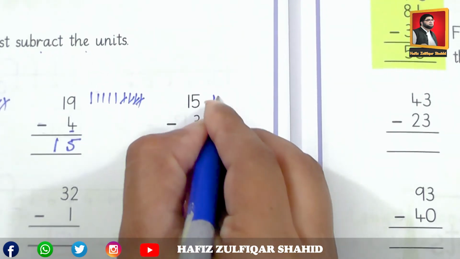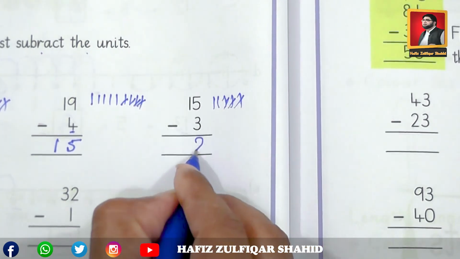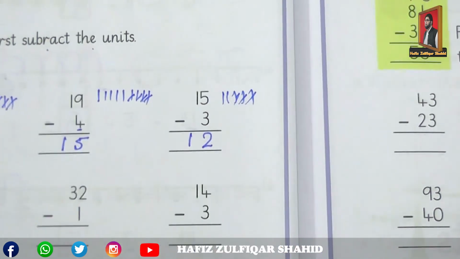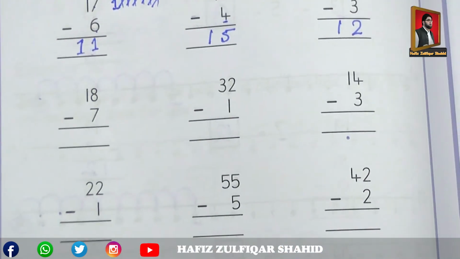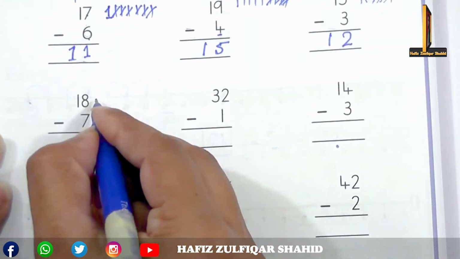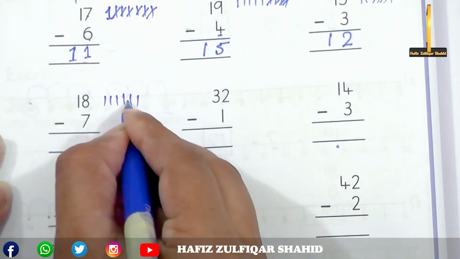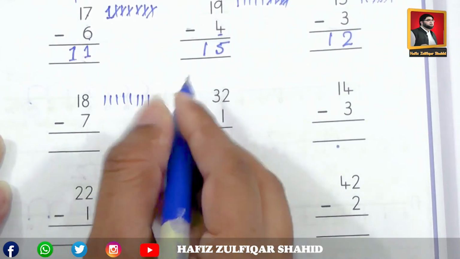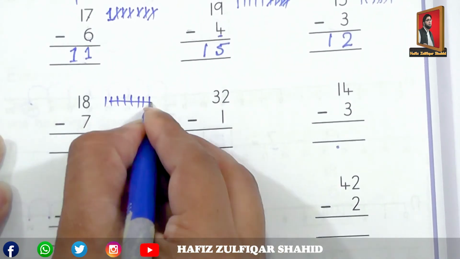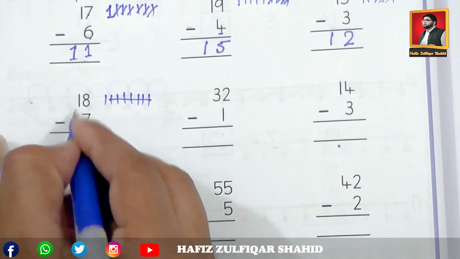Next, 1, 2, 3, 4, 5. Cut down 3 lines. Now you have 8 in units. Draw 8 lines. Cut 7 lines. Write down remaining in answer.